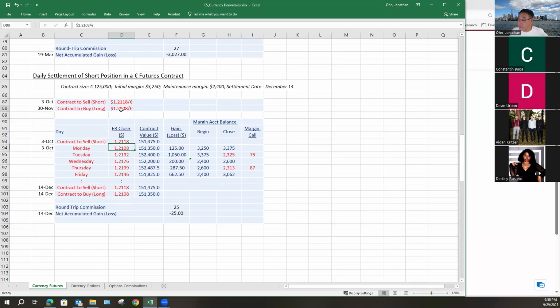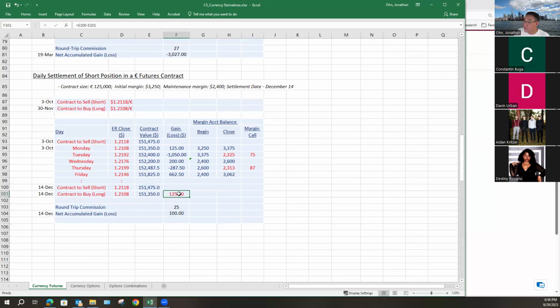So for the short position, your expected payoff should be 151,475. For your long position, your expected payable is supposed to be $151,350. So your overall gain will be this one minus this one.